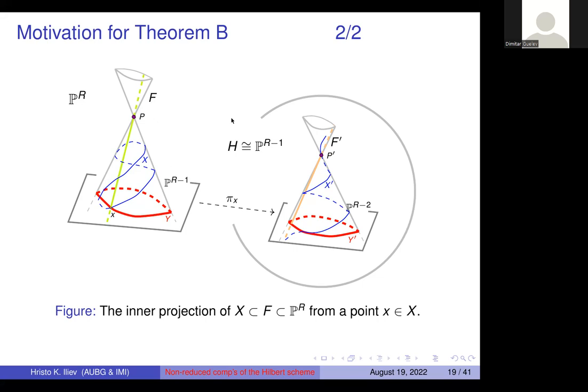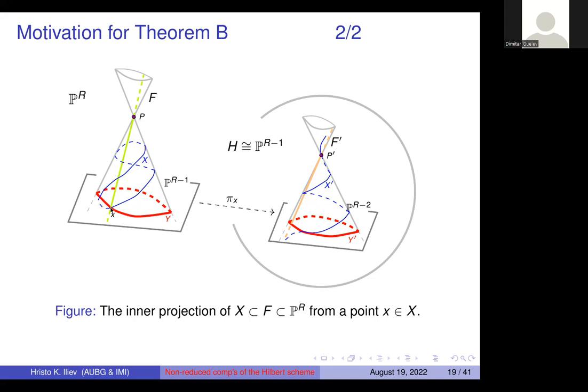of PR that I denote by H, we can observe that first of all, this inner projection that I have here extends in fact to a morphism of the curve X and its image.